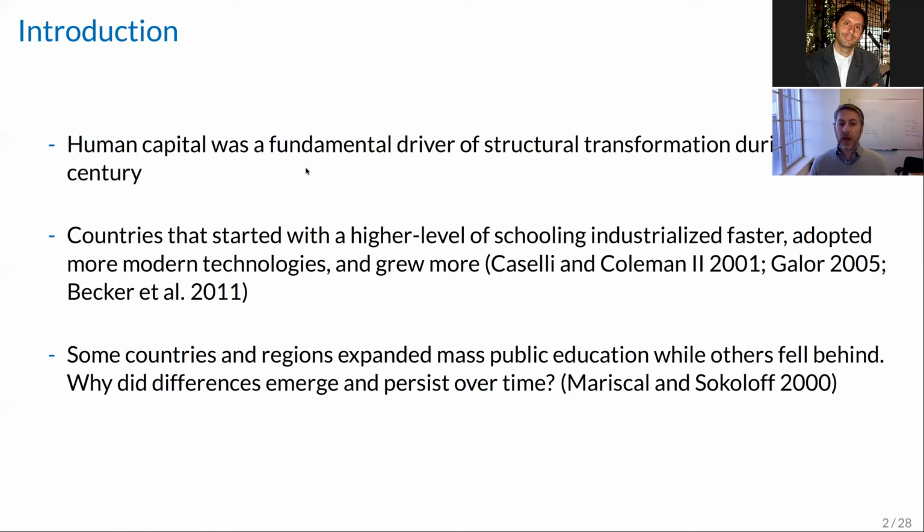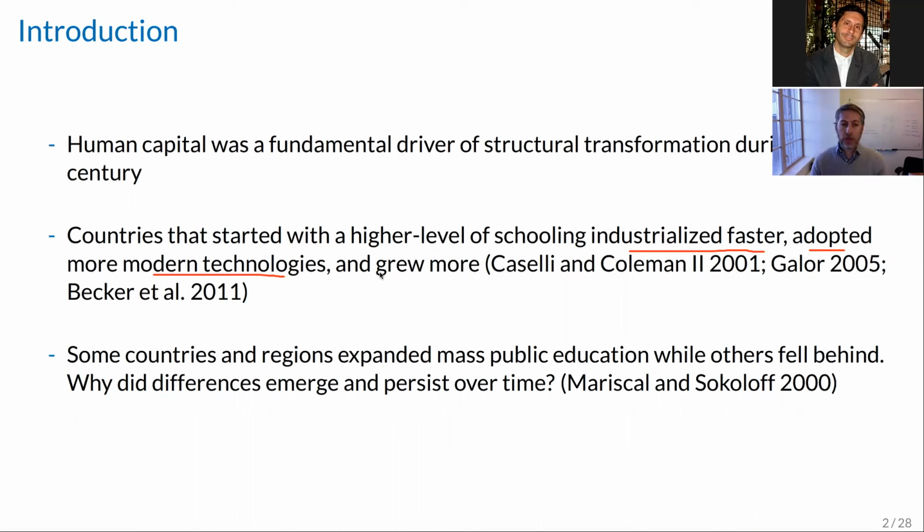Countries that started with higher levels of schooling were countries where, when technology was around, both in terms of the industrial revolution, but later also for developing countries, those countries were able to industrialize faster. They adopted more modern technologies, adopted those technologies faster, and over the long run, those countries grow more, and those are countries that today have higher income.